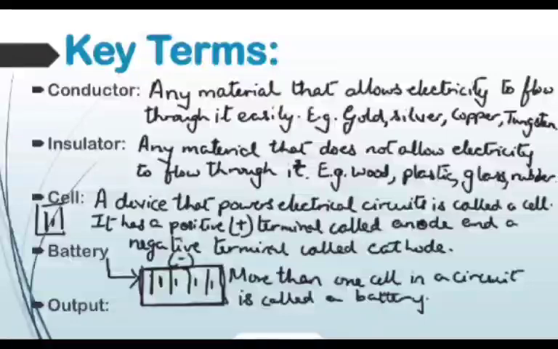Yes, children, easy. And now, what is the meaning of output? Output is nothing but the electric current that flows out of a device. What does that mean? What does out of the device mean? If there is an electric current flowing through a wire and I attach a bulb or a buzzer or, for that matter, an oven in the house or the refrigerator.